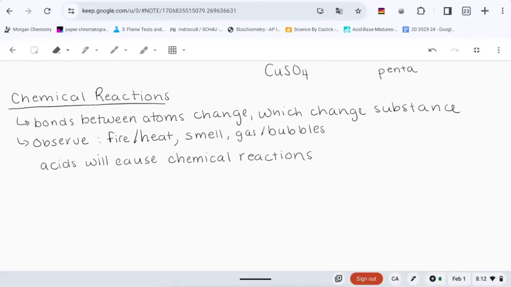What does a chemical reaction look like? Like if you saw one printed on a piece of paper, what's the structure of a written chemical reaction? Like what is in the middle?